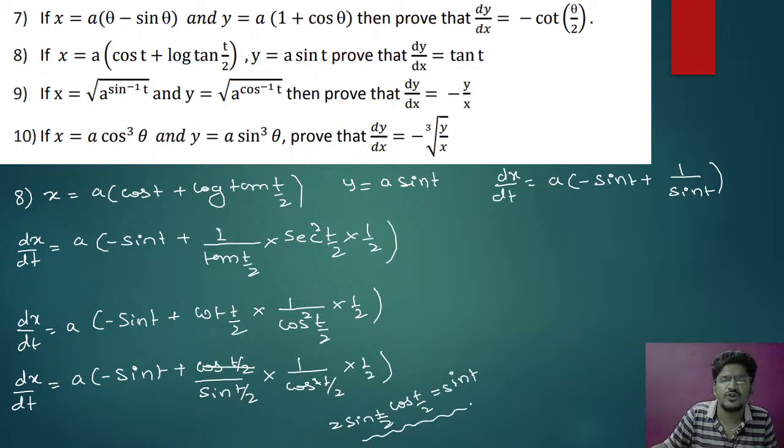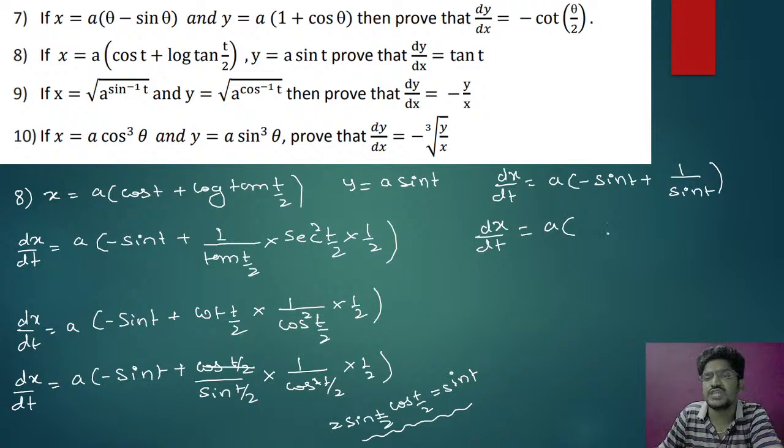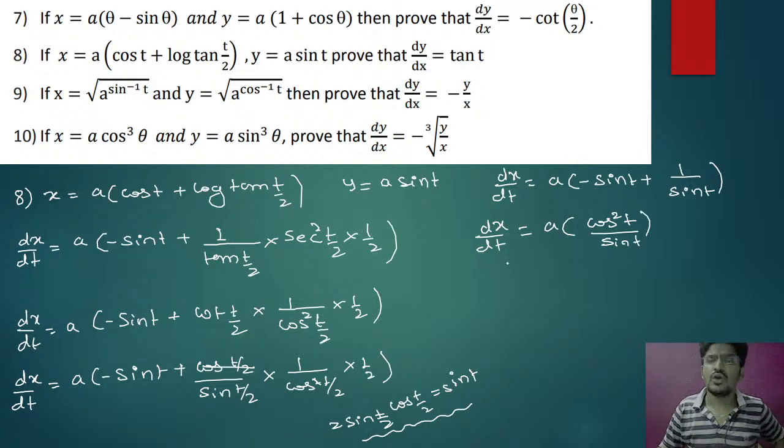So you can use this formula and you can write it here, no problem. So now dx by dt will be equal to a times, see this, sin into sin will be sin square, 1 minus sin square will be cos square t divided by sin t. Okay. So now you got your dx by dt. You take LCM, that will be 1 minus sin square t. So 1 minus sin square t, you can write it as cos square t.